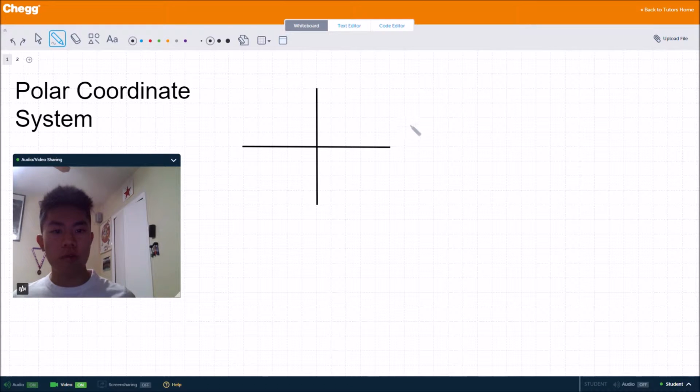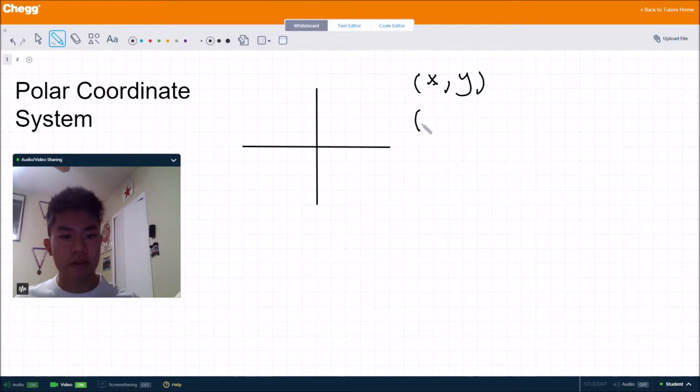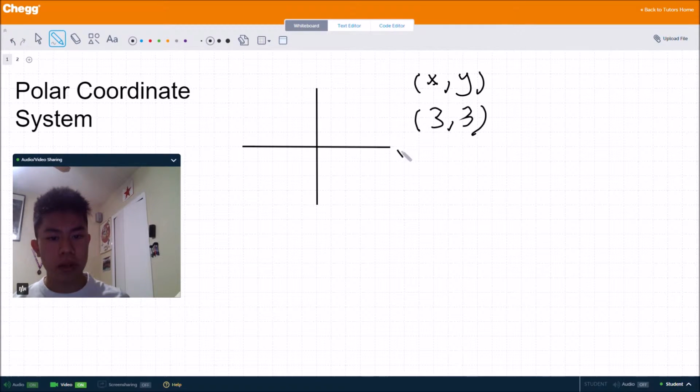So with our normal coordinate system, what we call the Cartesian coordinate system, we have an x and a y, right? And how we plot the x and y's, let's say we have a point 3, 3. Well, simply we find where x is 3, it's going to be this line here.